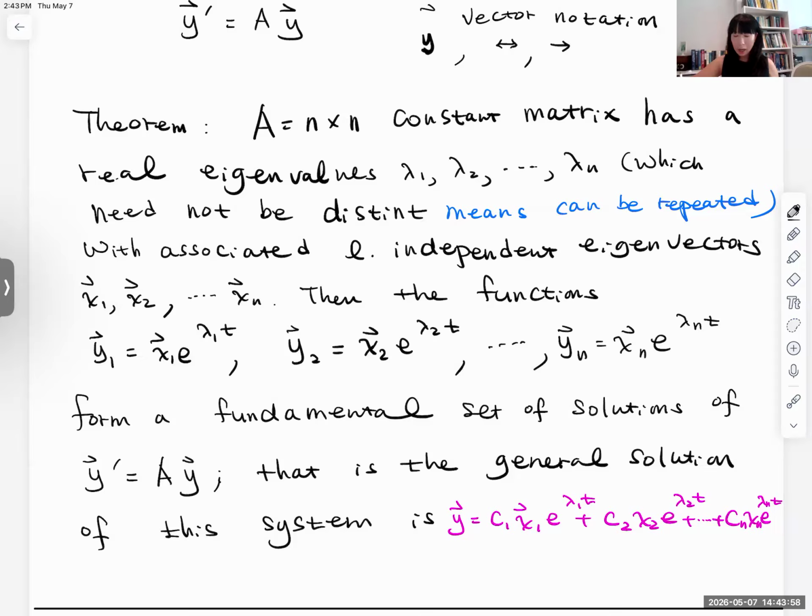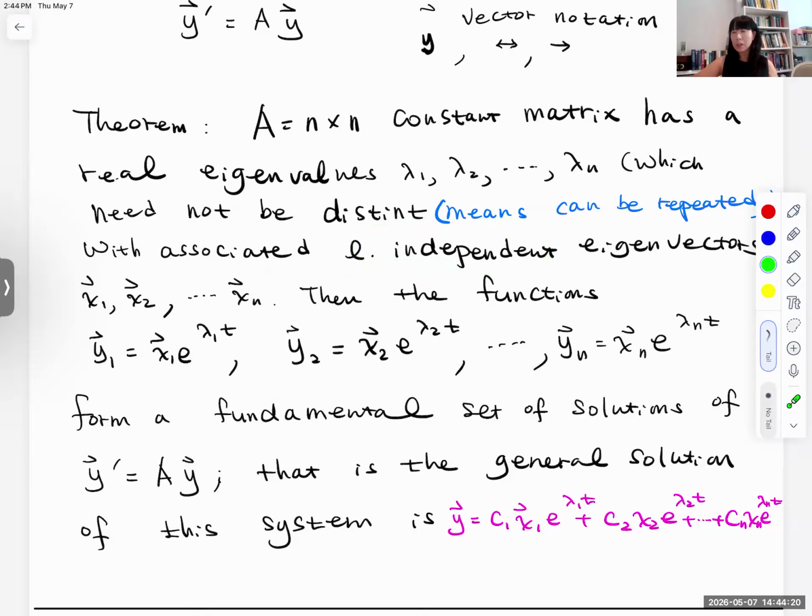In that case, eigenvalues need not be distinct. That means not distinct, they can be repeated.